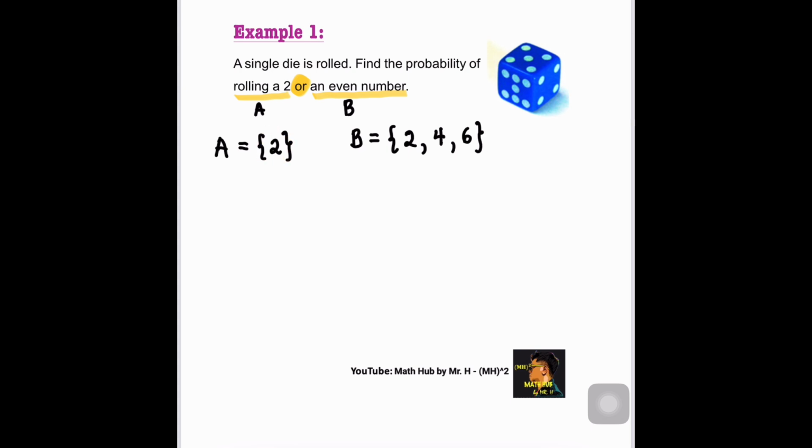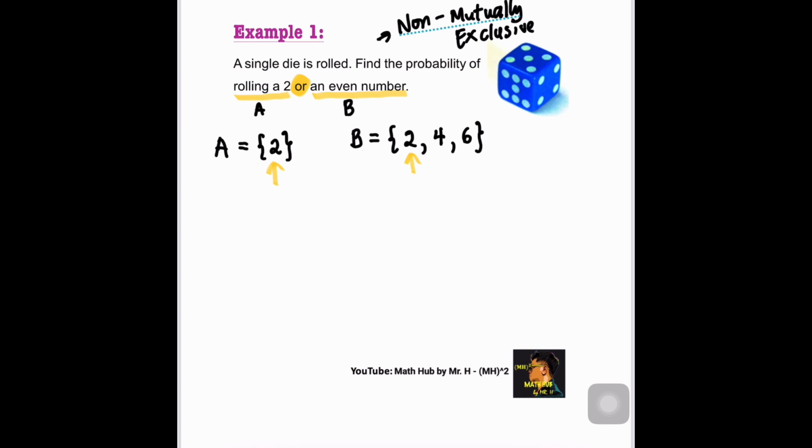Correct? All right, so if you take a look at here, you see that this outcome appears on both events, right? And if you recall the formula earlier, this type of probability event is non-mutually exclusive because they have this overlapping section if you're going to represent this question using a Venn diagram.